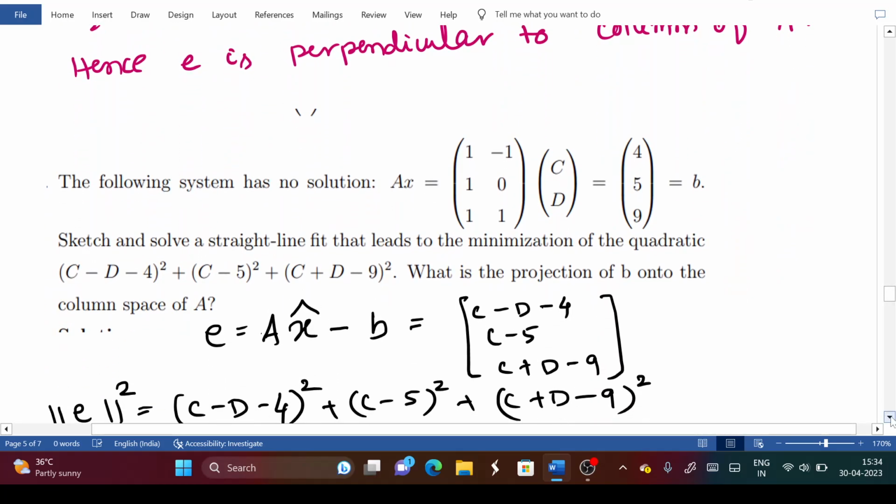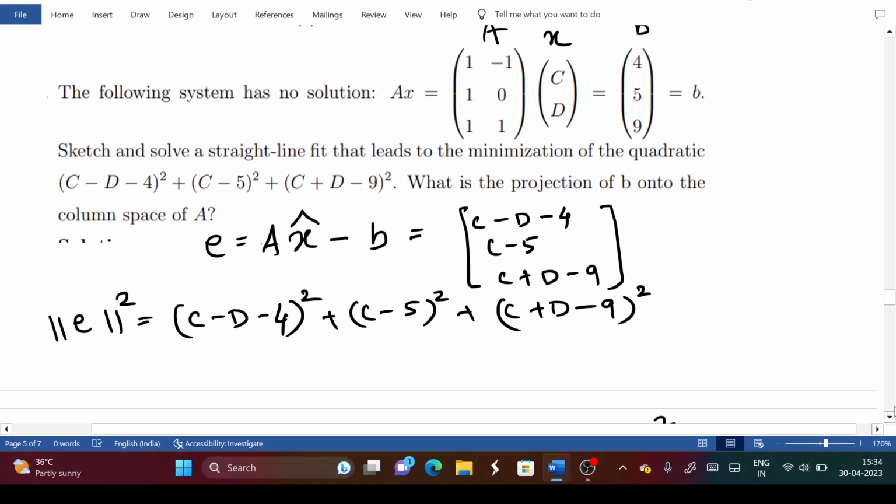Now the question is, the following system of equations has no solution: Ax is equal to B. Here A is given, B is given, and this is A, this is x, this is B. But as it has no solution, there exists no exact x for which Ax is equal to B. There is a gap, and that gap will give us the error.